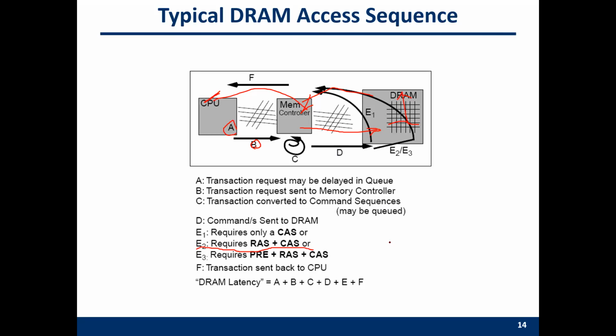At this time, maybe the CPU wants to read another piece of data, so the CPU will do everything again, and the memory controller finds out, okay, the new piece of data is actually in the same row. So in this way, it only sends a column address strobe, which means that you have a row buffer hit. So if you have a row buffer hit, you just need to send a single command. That's easier and faster.